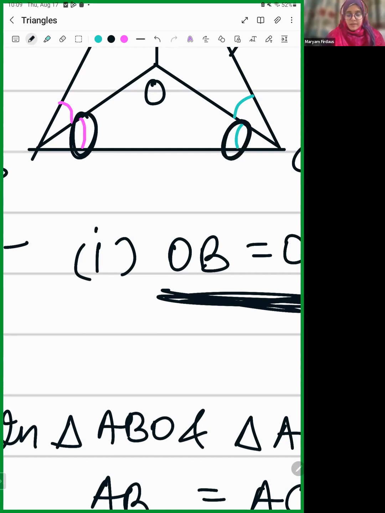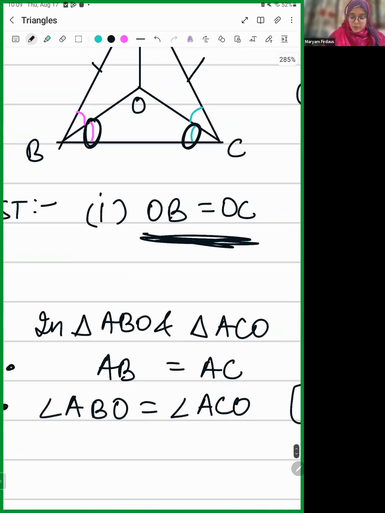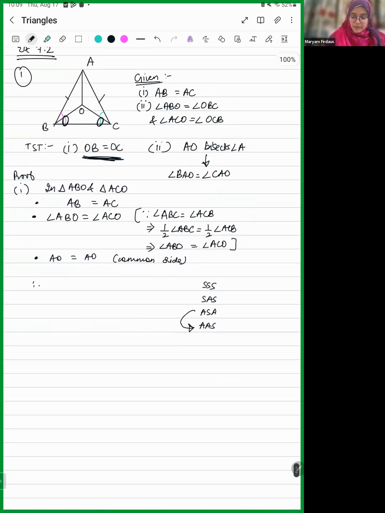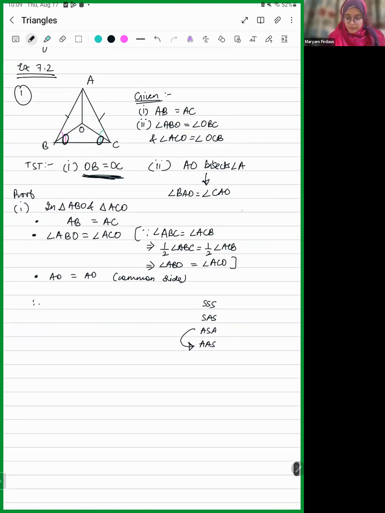Why is it equal? We have shown it over here. Half of angle ABC is equal to half of angle ACB, or in other words, OBC equals OCB. Half of angle B is equal to half of angle C.